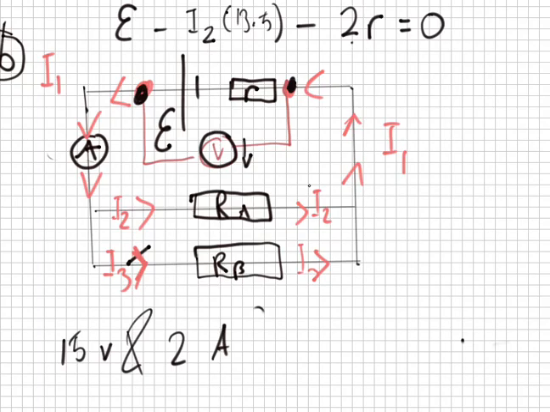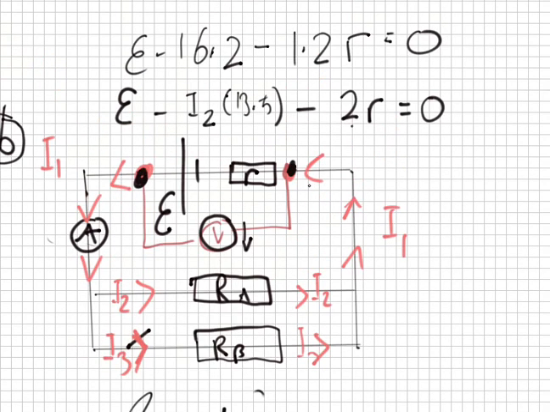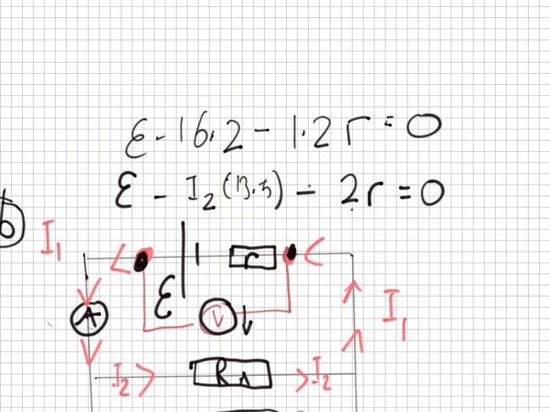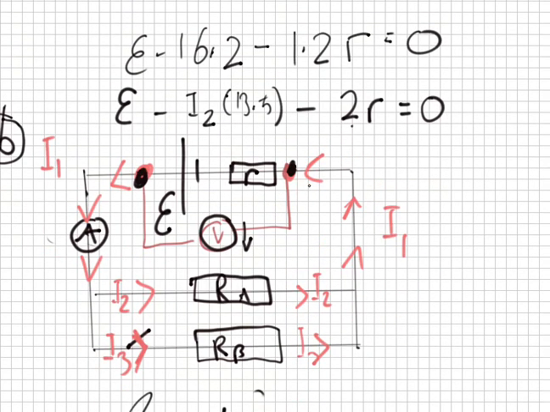Do we know what the other resistor is? No. I don't. I think I have to write another law down. So what law have I not used yet? I haven't used the junction law.